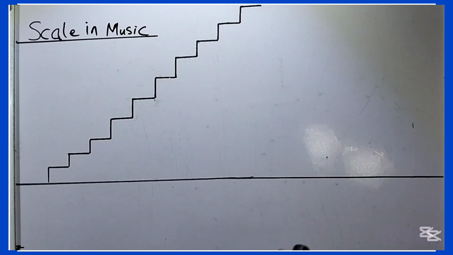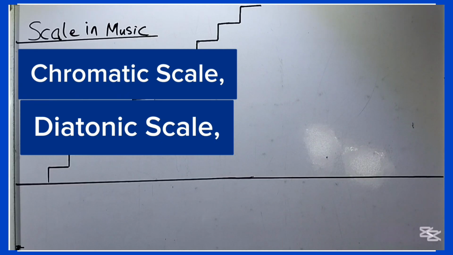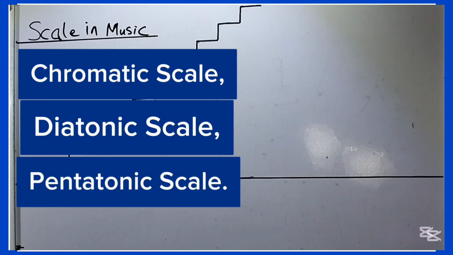Tones are classified at many levels, but what will help us understand it is that scale makes use of tone, and in scale we have the chromatic scale, the diatonic scale, and the pentatonic scale. In this tutorial, I'm going to define them one after the other using a staircase or a ladder.